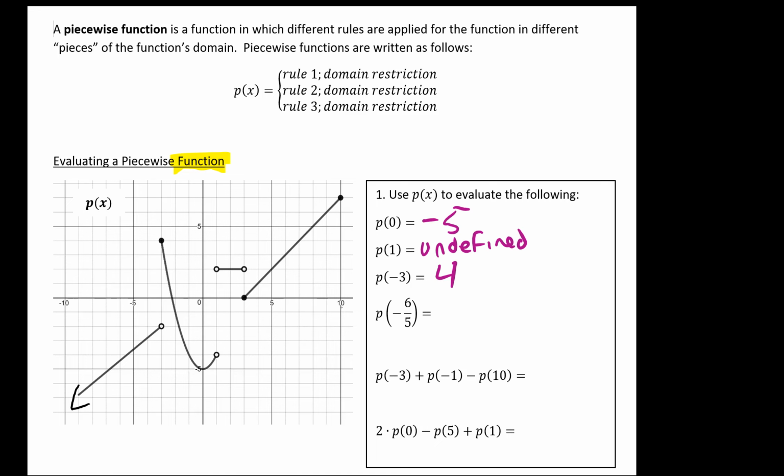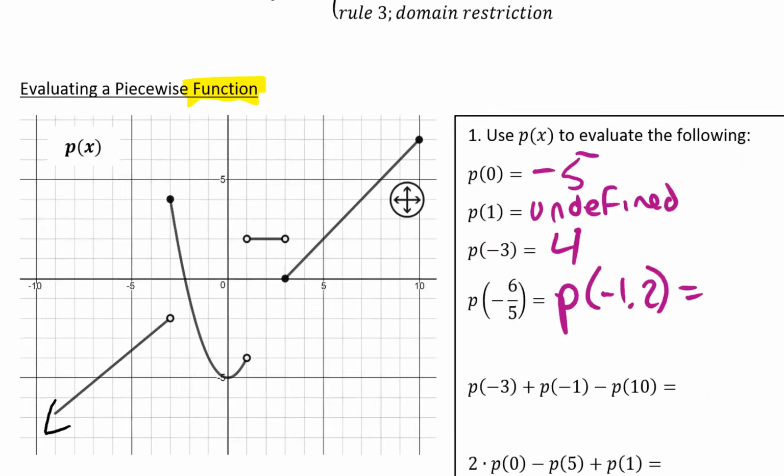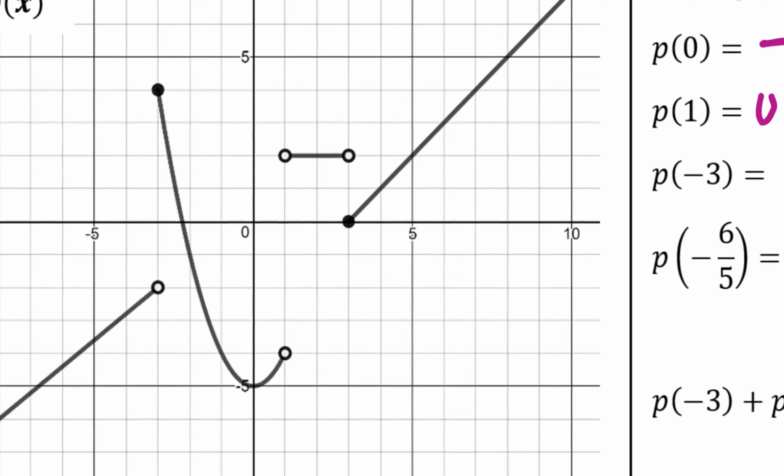So how about P of -6/5? Go ahead and look for that, guys. Take a second. All right. So -6/5, that's the same as P of -1.2, right? Let's see. We can zoom in quite a bit here, right? So at -6/5, that's about right here, right? What would you guys say that is? So what is the exact value here? Negative what? 4.5?